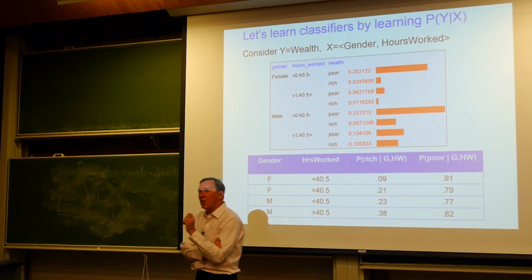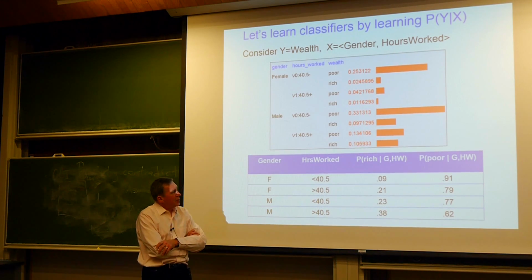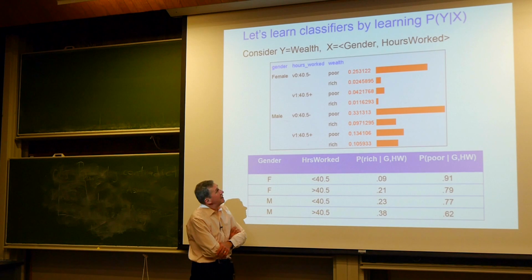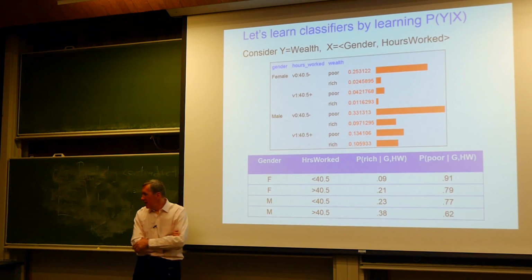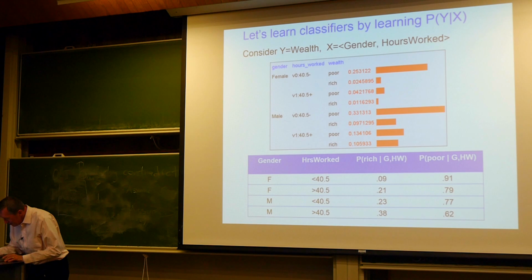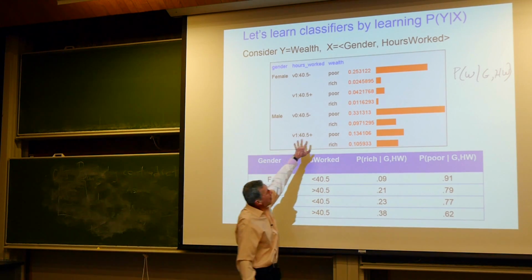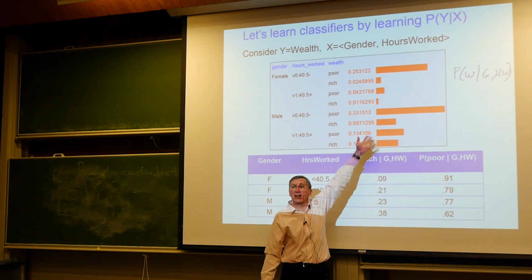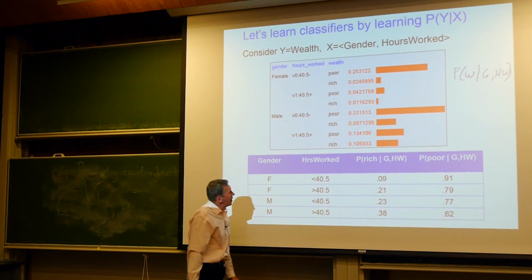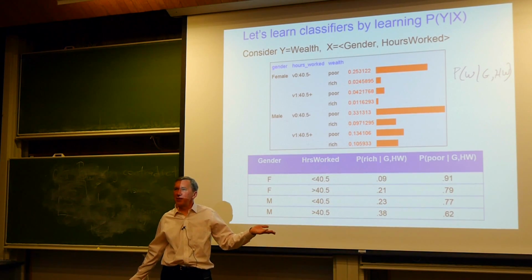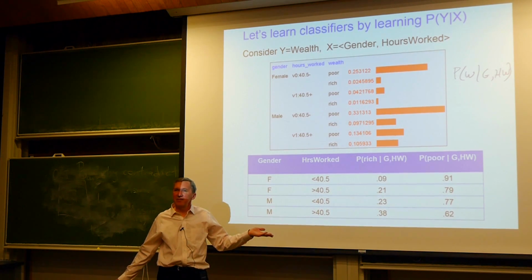Today I want to talk about, well, if we're trying to learn some function or some probability distribution, let's say we're interested in learning the probability distribution for wealth given gender and hours worked, then we could estimate the whole joint distribution, of course, and then calculate this from it. Or we could try to estimate just the conditional distribution directly and forget about estimating the joint distribution, right?